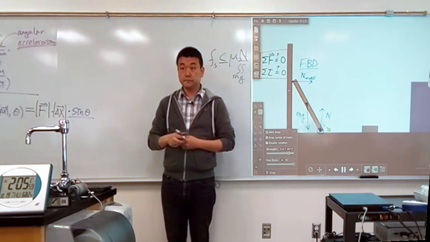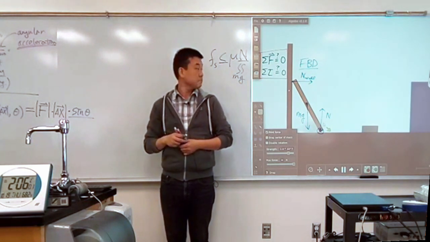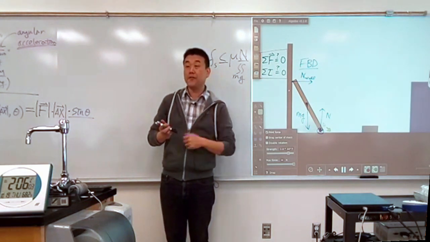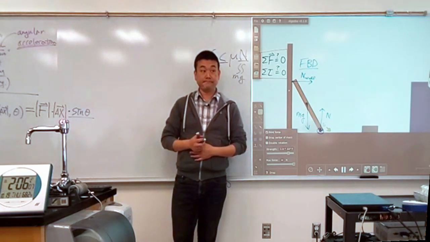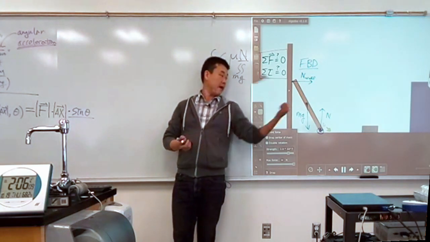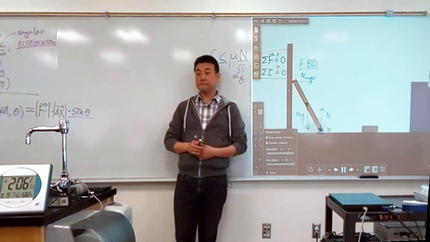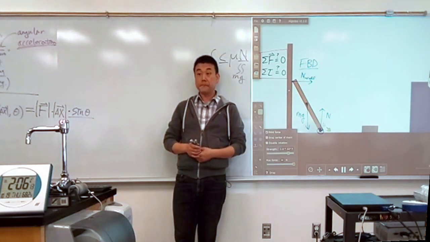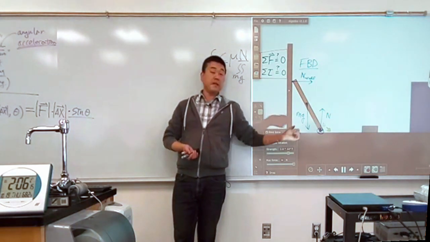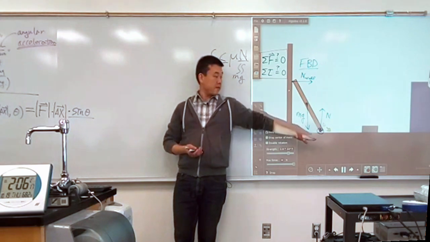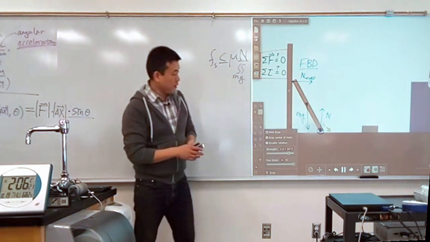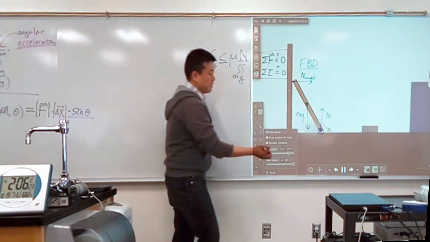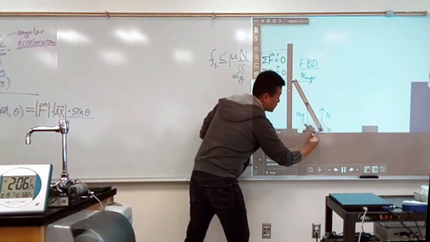The normal force from the ladder to the wall? No, that force is on the wall, not on the ladder. I want a force on the ladder. Friction, yeah. So in this example, it's actually important that the floor and the ladder have friction. The last force here is the force of friction pushing it this way.